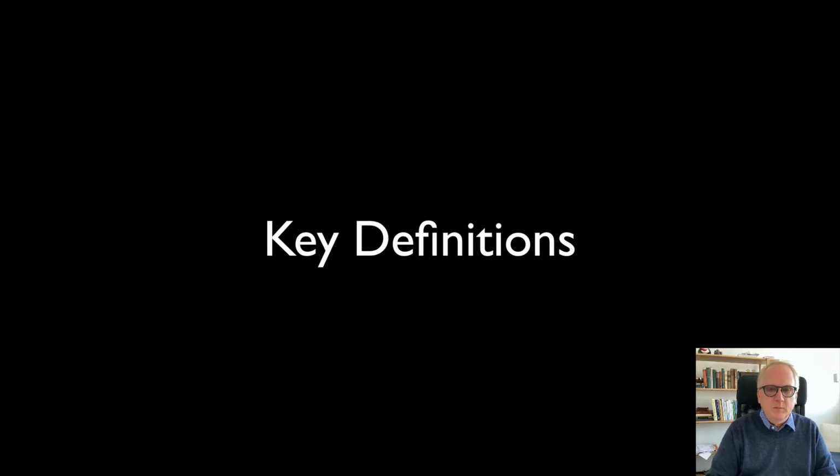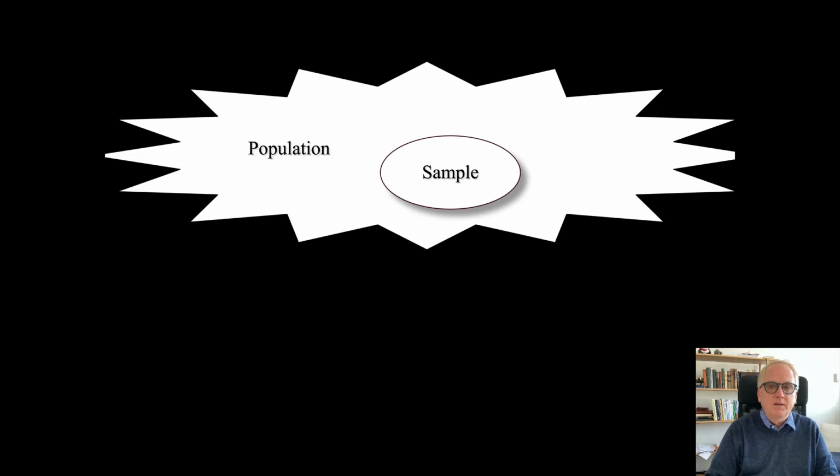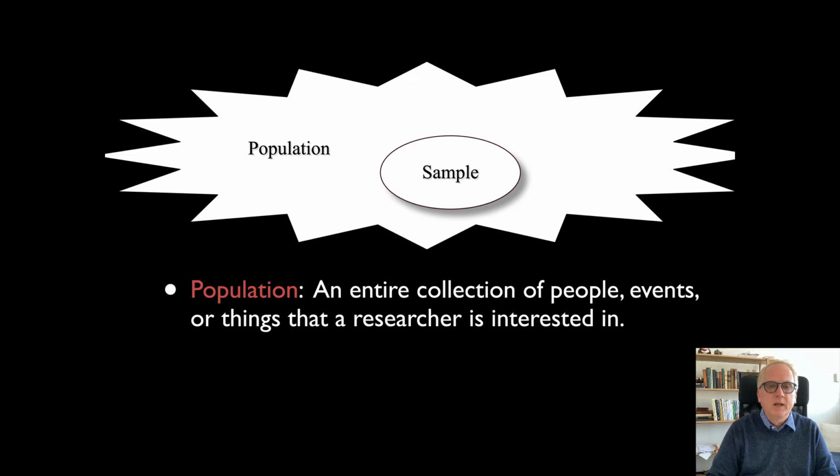The thing about surveys is that they have a lot to do with making inferences about populations based on samples that we measure in our survey. So, for instance, here what I'm trying to depict is a population out there in the world, and then a sample that we actually use in our survey. The population is an entire collection of people, events, or things that a researcher is interested in.